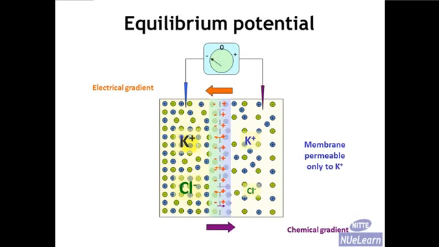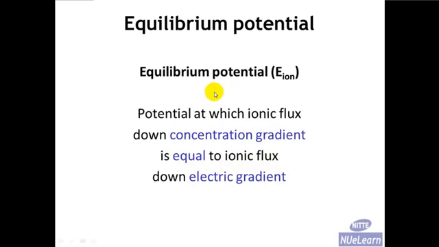Once that situation is reached, the number of potassium ions that move down the chemical gradient would be more or less equal to the number of potassium ions that move from the right to the left down the electrical gradient. And we reach a situation referred to as equilibrium.